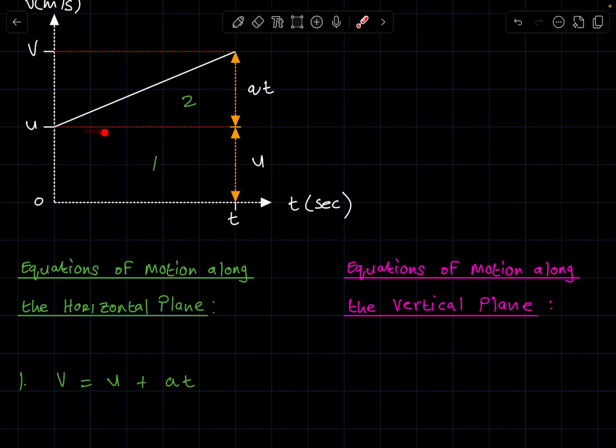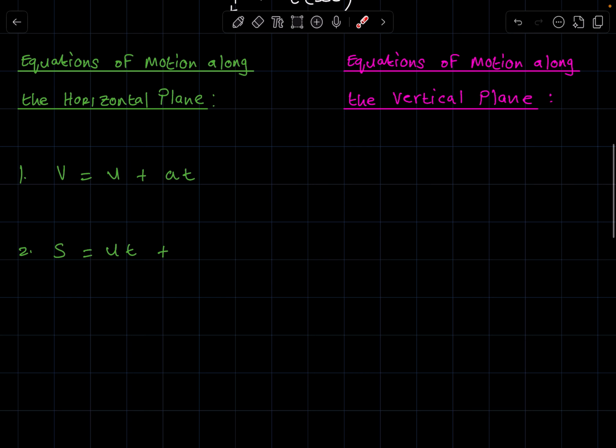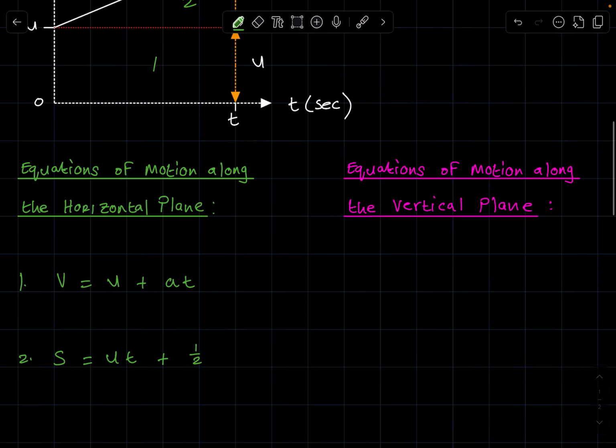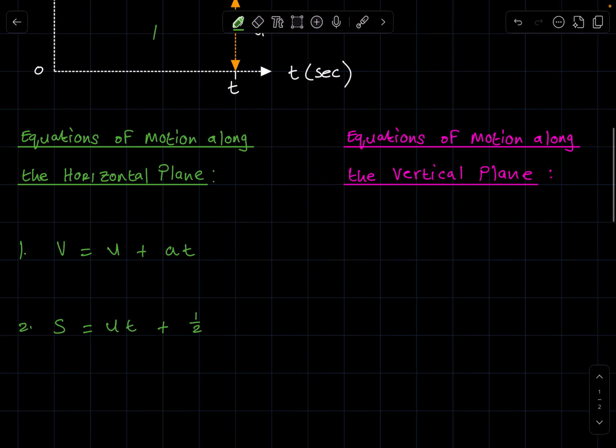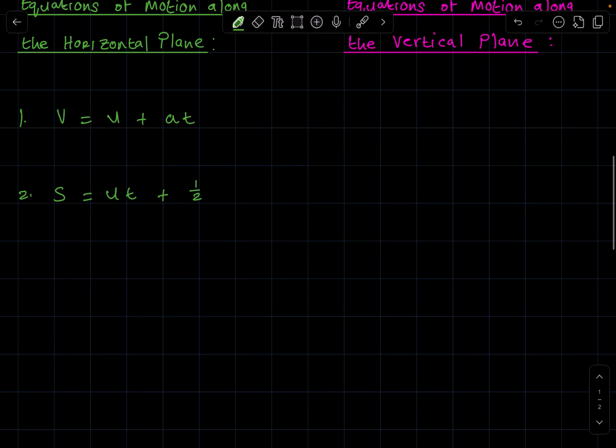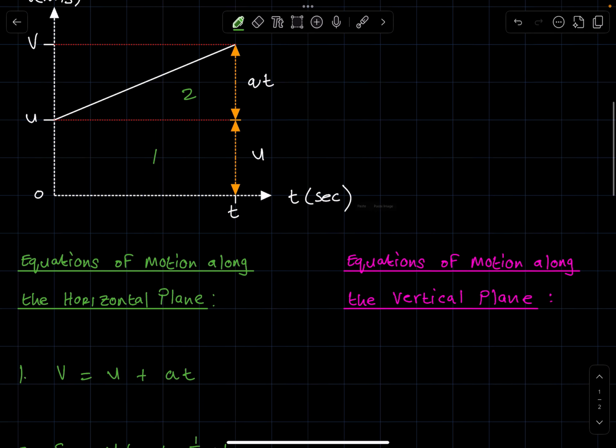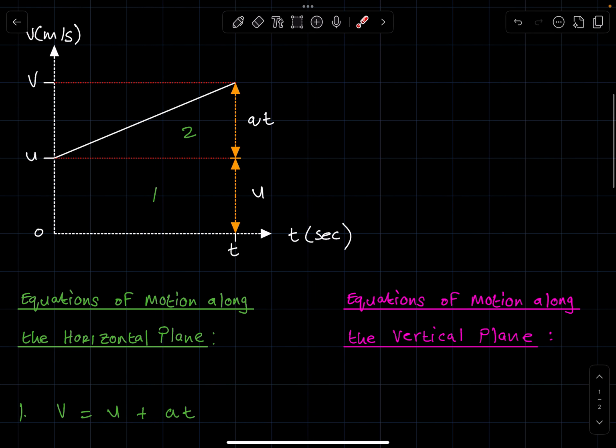What is the area of a triangle? Half base times height. So plus, we know this is going to be half. Now what is the base equal to? The base here is this one. The base is equal to at. Remember, the area of a triangle is half base times height.